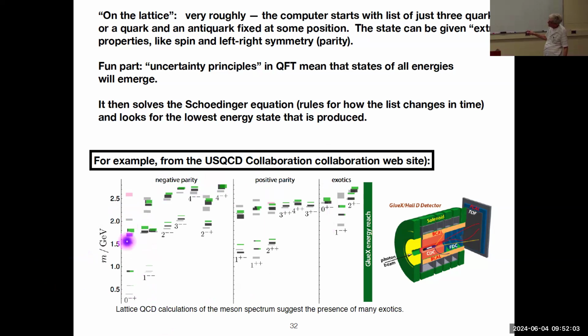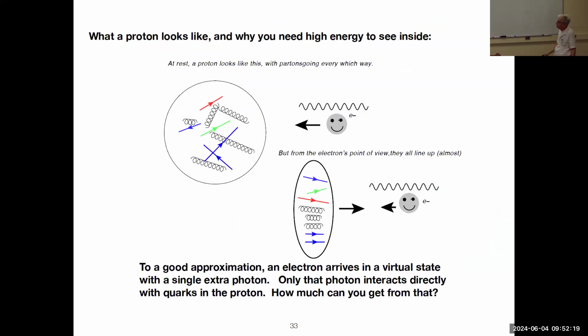Here they are as mass over GeV. Here's the nucleon sitting here someplace, and various ones. These are the kind of things that are being searched for right now, with whatever success they're having at this moment.